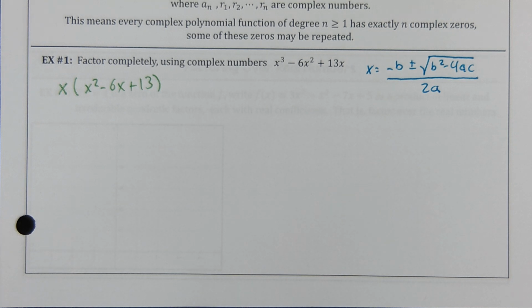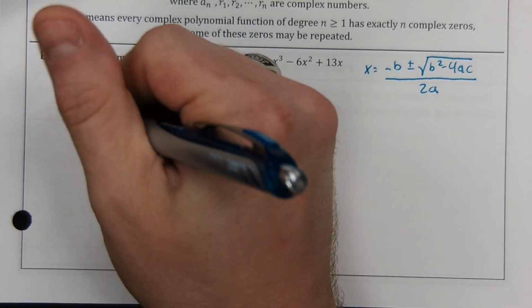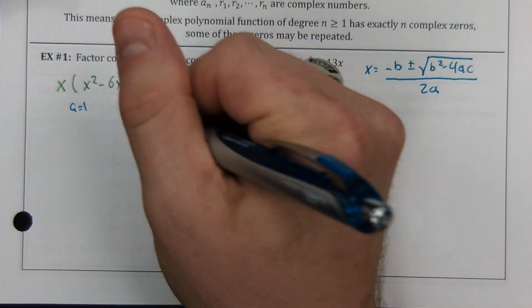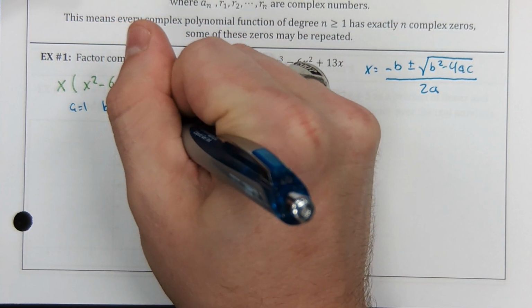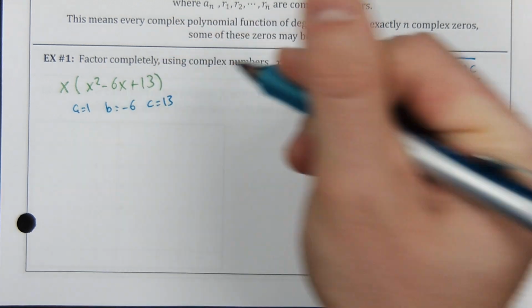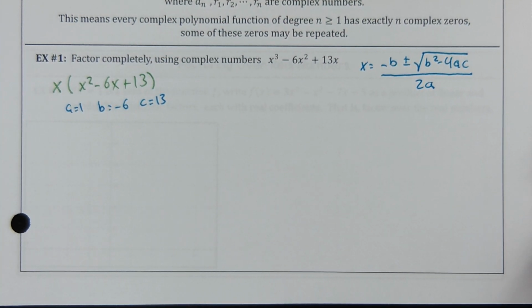The last thing that you need to do before you start using this thing is identify a, b, and c. A is 1, so that's what's in front of x squared. B is negative 6. And c is 13. Time to do our quadratic formula.